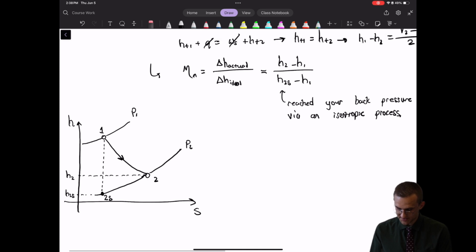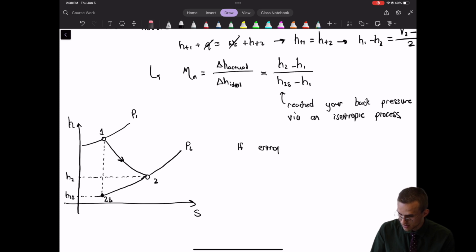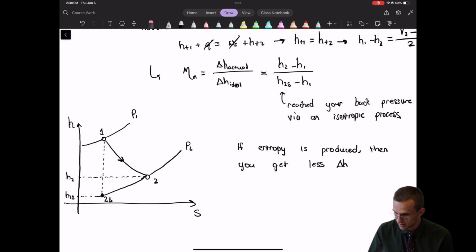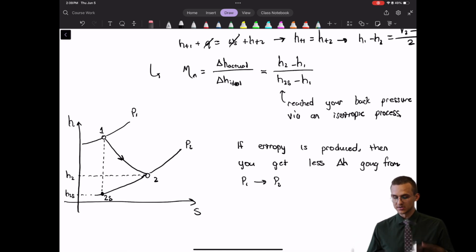Right, so you can generally see here that if entropy is produced, then you get less change in enthalpy as you go from P1, which is your starting pressure, to P2, which is your receiver pressure at the end of the system.